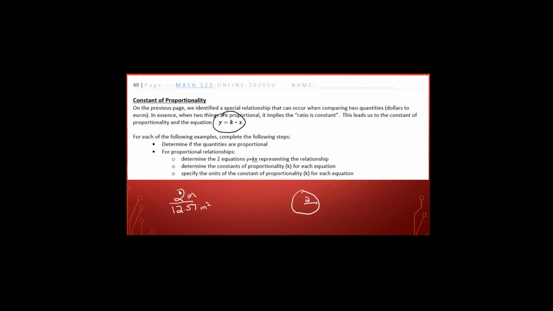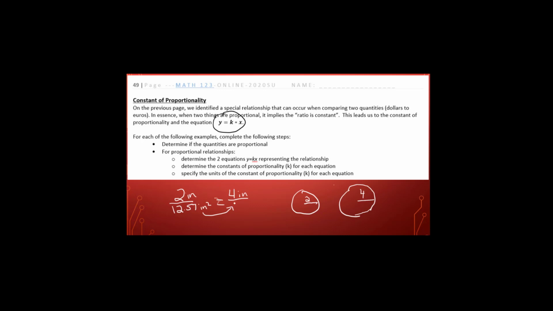So our final one is radius of a circle, which is, as you recall, it's like that, to the area. And the area of this circle with the radius of 2 inches is 12.57 square inches. So if I double the radius, will I double the area? In other words, so I get a bigger circle and I have 4 inches.